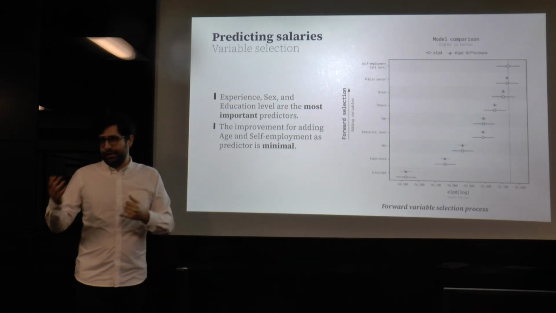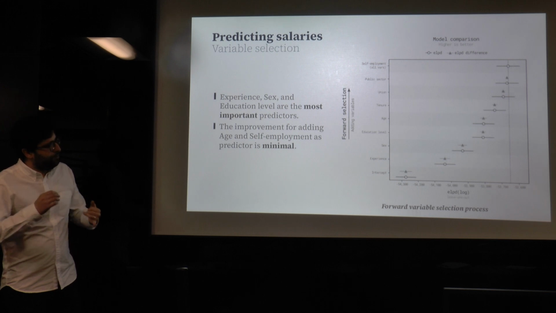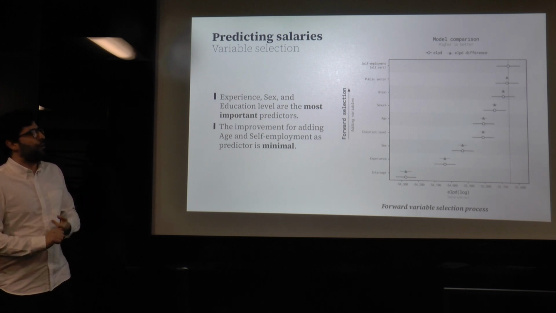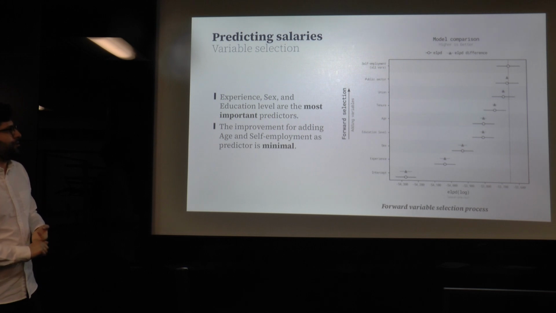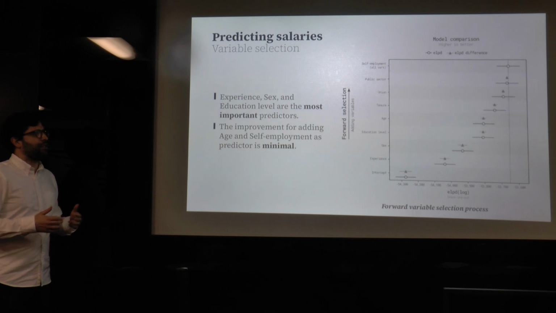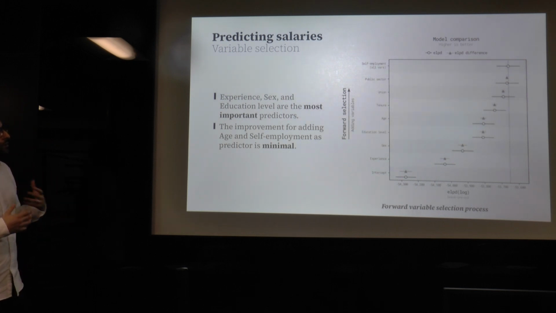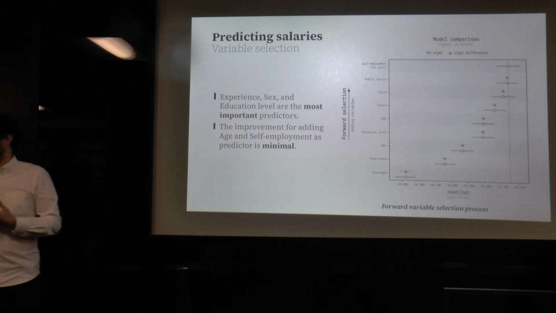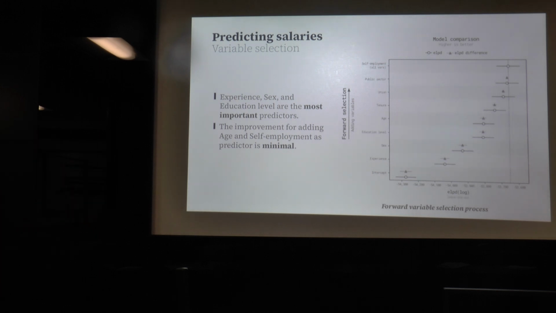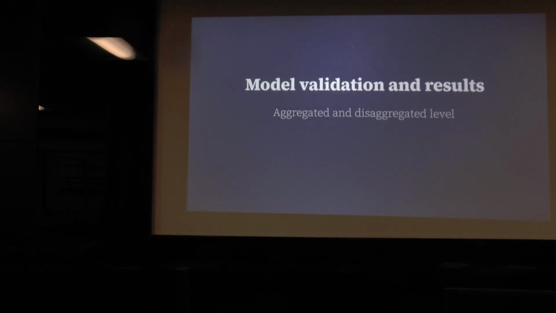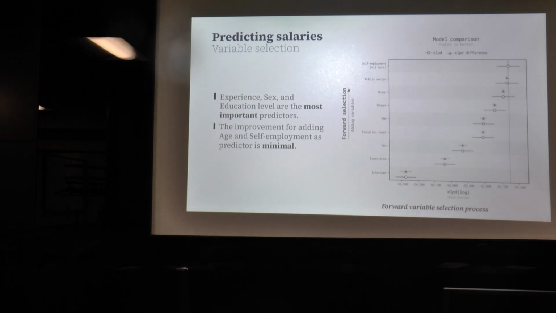As we can see here, and as expected from the literature review, experience, sex, and education level are the most important predictors of salaries, while age and self-employment don't add much information to our analysis, so we can get rid of those variables and our performance won't reduce too much. Actually, that's better, because if we are also reducing the complexity of the model, we are reducing the risk of overfitting the data.